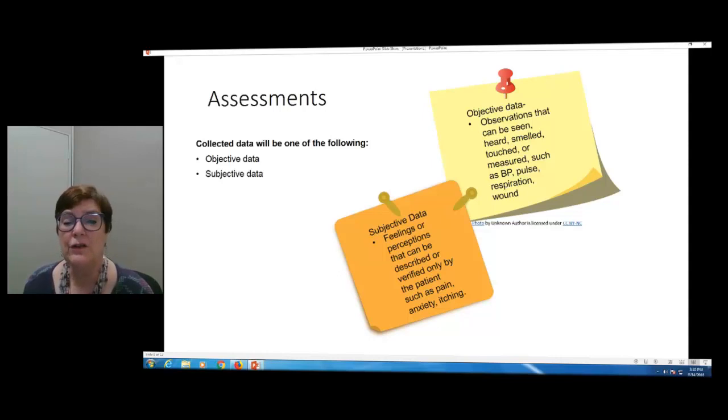Usually in your interview assessment, or in speaking with the patient, or even from your observations, you are going to obtain subjective data. Subjective data is data that is an expression of feelings or perceptions. It can be described and it can only be verified by the patient, such as pain, anxiety, or itching.